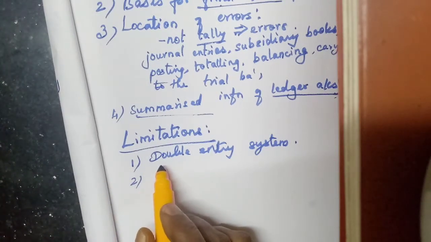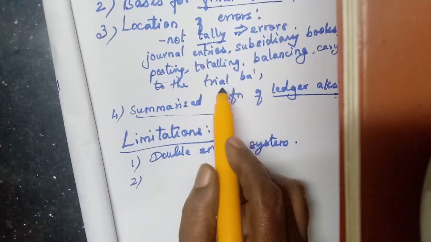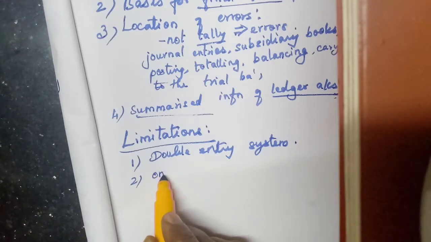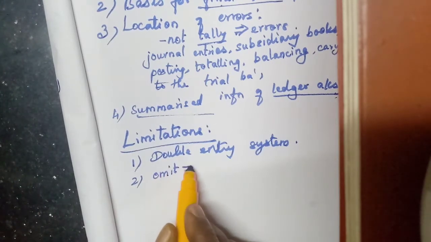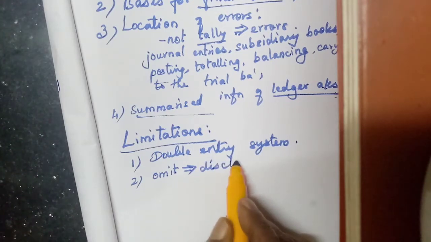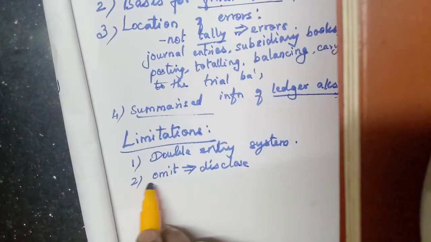One limitation we have learned is that if some mistake is there, we can rectify it. But if we omit some transaction, this will not be disclosed. The trial balance will not disclose this type of error.